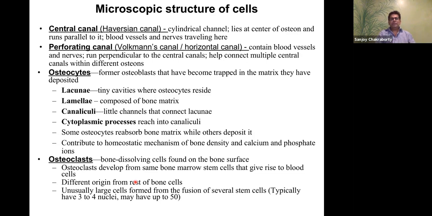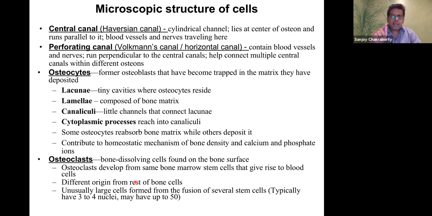So this is basically the chemical composition and microscopic structure of the bone. You should watch this lecture a couple of times, write notes, and read from my slides or from the book, to make sure you know the chemical composition of the bone as well as the microscopic structure in detail.